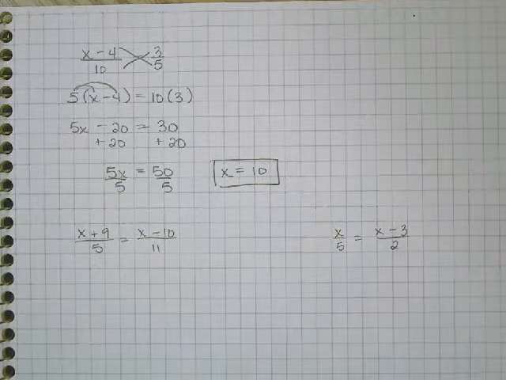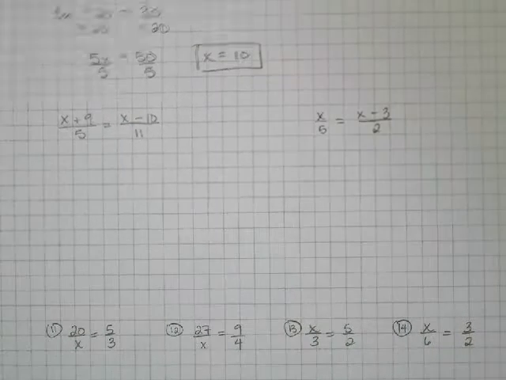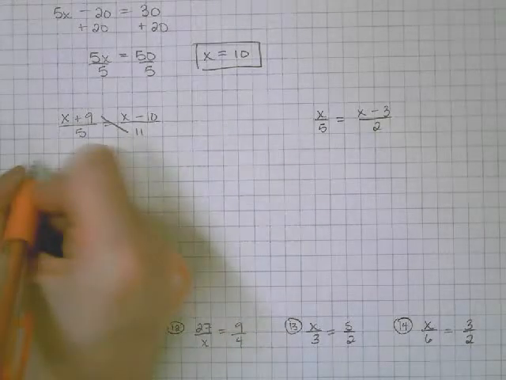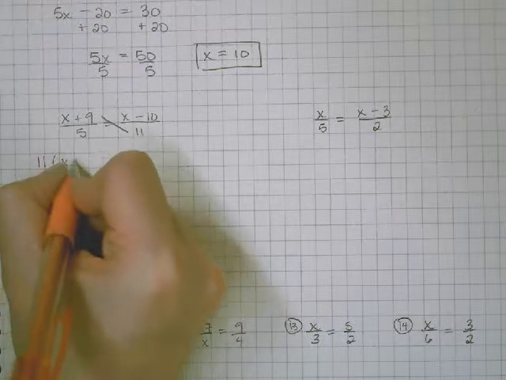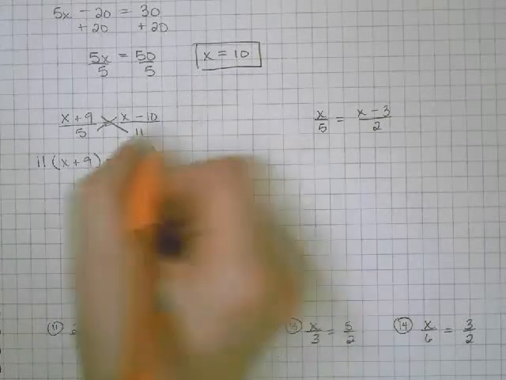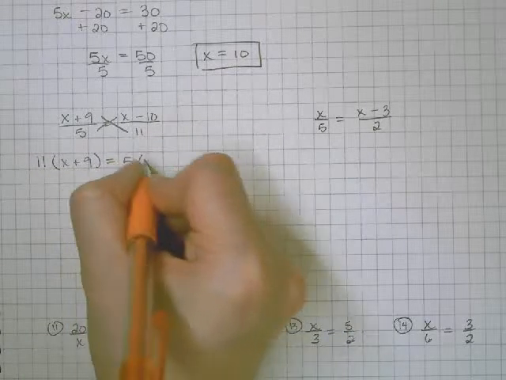A couple more examples of those similar types of problems, and then I will let you go. So 11 times x plus 9. Don't forget the parentheses, equals 5 times x minus 10.